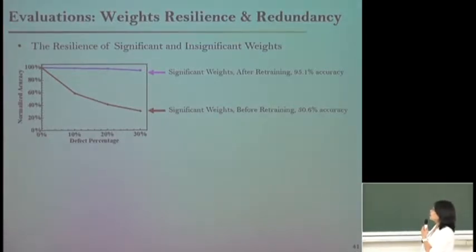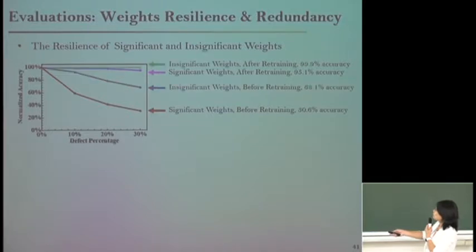We also evaluated the resiliency of the significant and insignificant weights. Again, this result has already been seen. For insignificant weights, as you can see, the degradation is much slower than for significant weights, and of course, they are easy to recover.